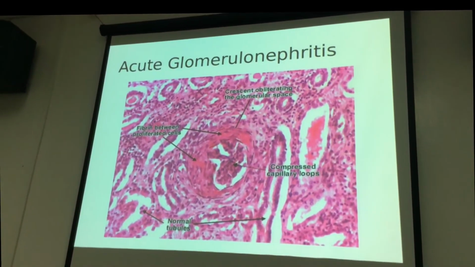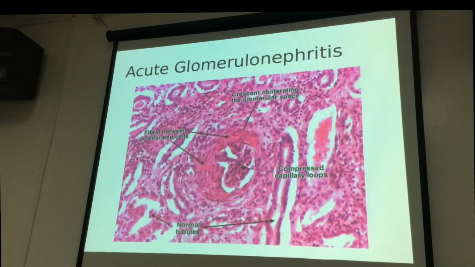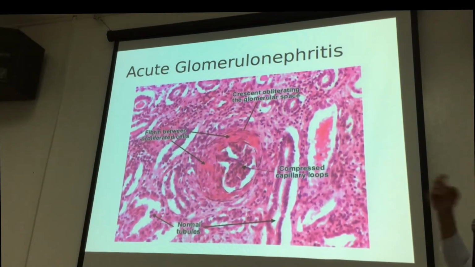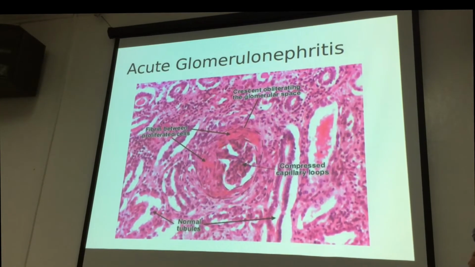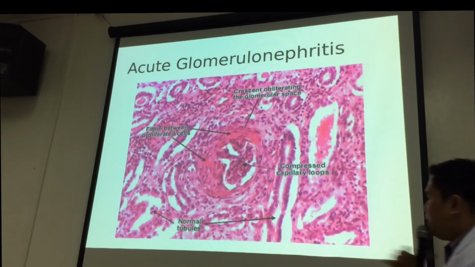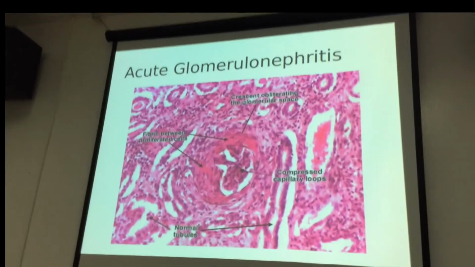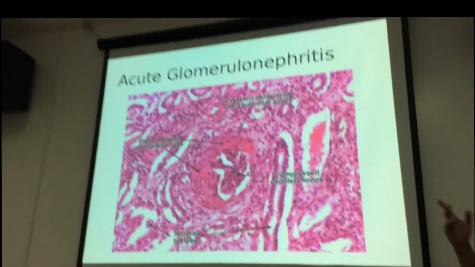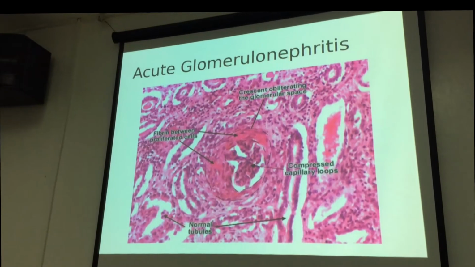Now, there are many forms of acute glomerulonephritis. The one with the poorest prognosis is your crescentic glomerulonephritis or your rapidly progressive glomerulonephritis. So again, the renal tubules in the background will appear normal. Although in some instances, the blood vessels in the adjacent area will also manifest.